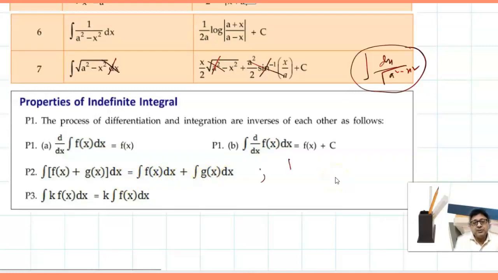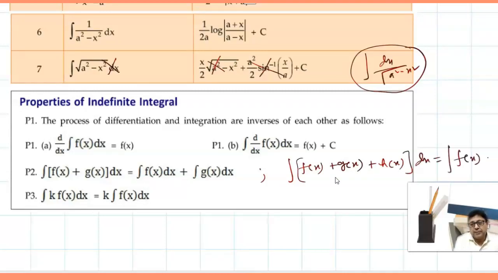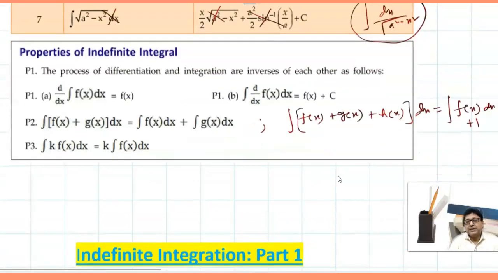For three functions, what to do? The same manner: f(x) plus g(x) plus h(x), its integration is equal to integration of f(x) dx plus integration of g(x) dx plus integration of h(x) dx.